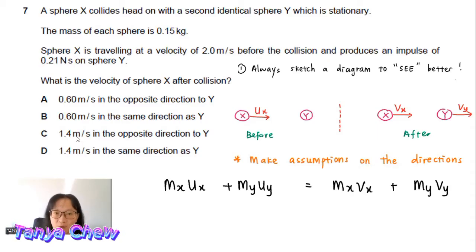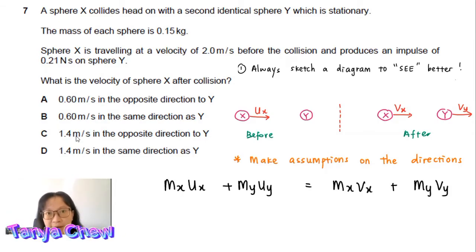Total initial momentum of X and Y equals total final momentum of X and Y. Because velocity is a vector quantity, if the velocity of X happens to be negative, that also means that the direction that I considered here, I assumed X to be moving to the right, is opposite. So I have to change my direction.